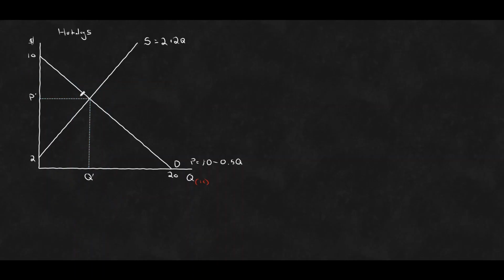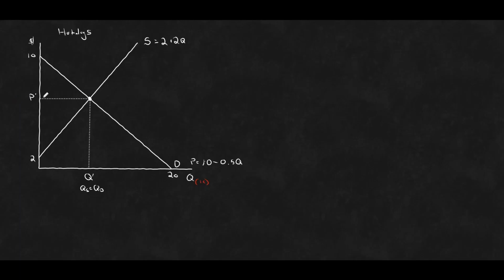What we can see is that where supply equals demand, where quantity supplied equals quantity demanded, that's the same point where the price from our supply curve equals the price from our demand curve, or our maximum willingness to pay is the same as our minimum willingness to accept, or our marginal cost equals our marginal benefit.